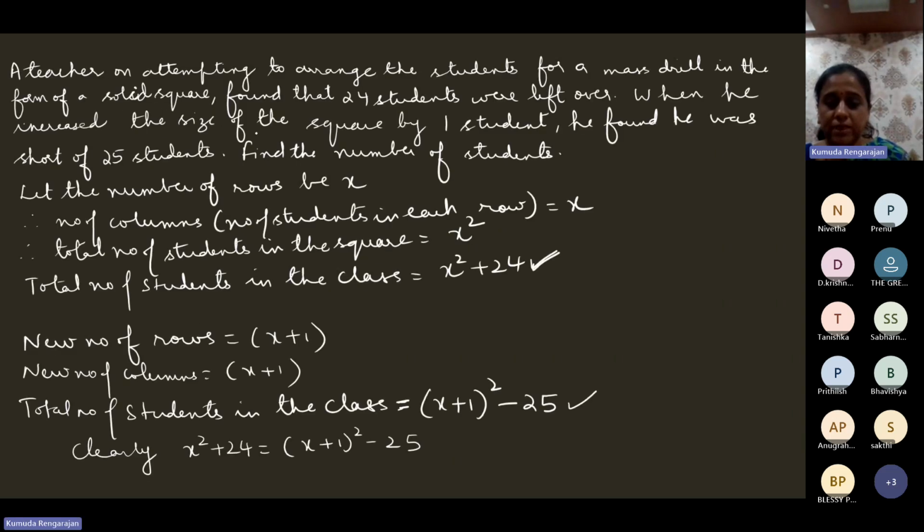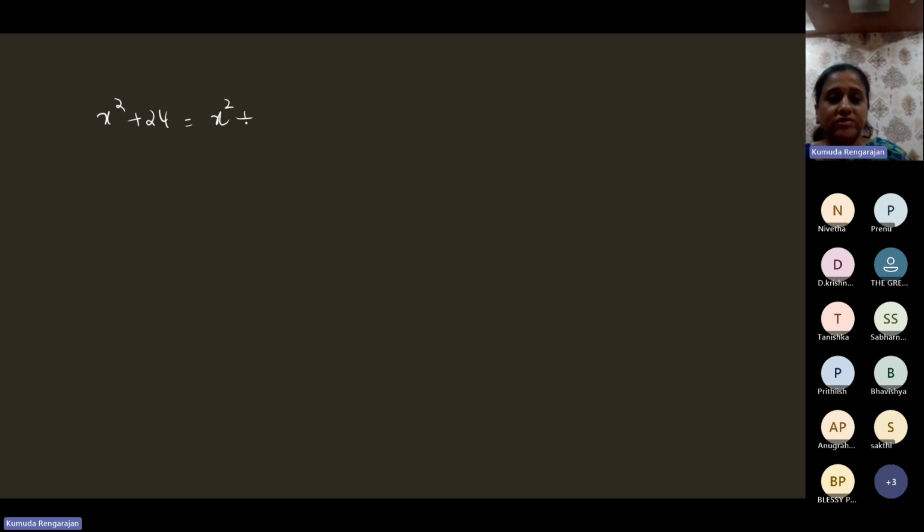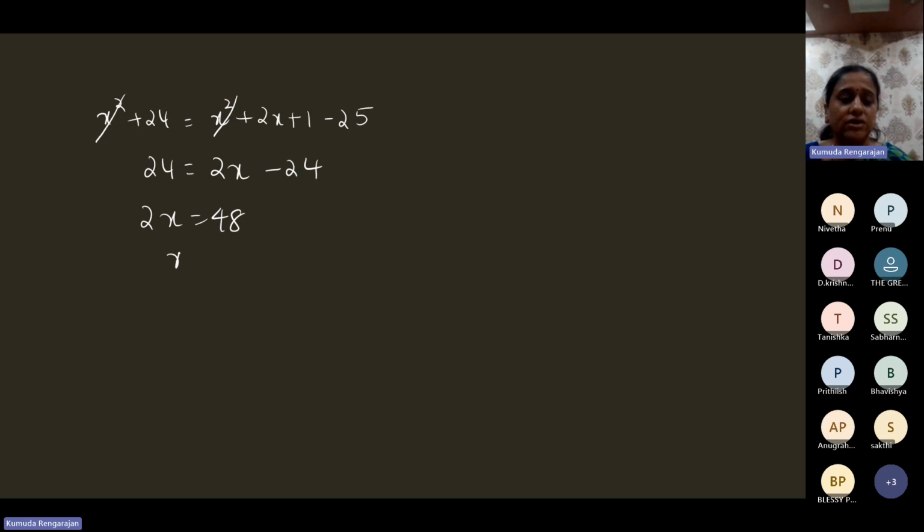So we have x squared plus 24 is equal to x squared plus 2x plus 1 minus 25. x squared on either side gets cancelled. So we have 24 is equal to 2x minus 24, right? So 2x is equal to 48. x is equal to 24.